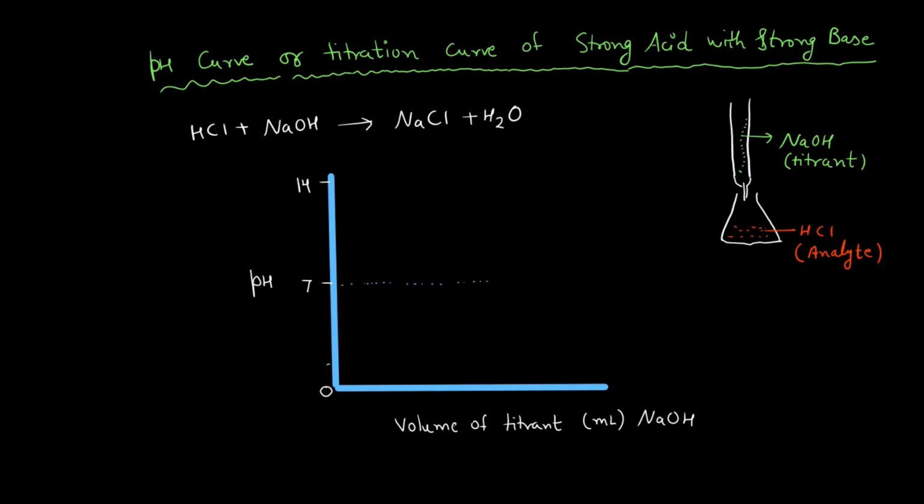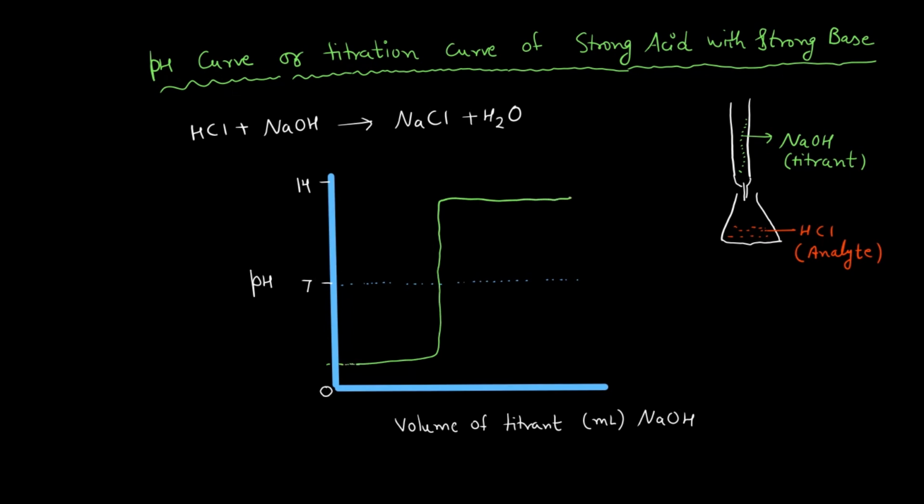This is my neutral line, pH 7. So my graph will start from this point, and then it will go up, and then like this, something like this.